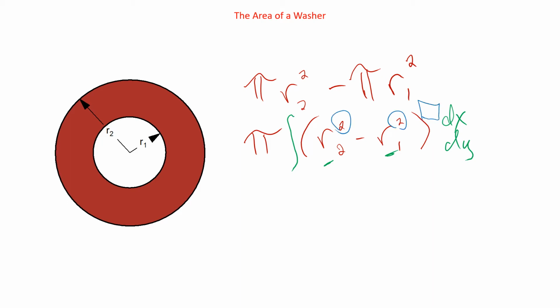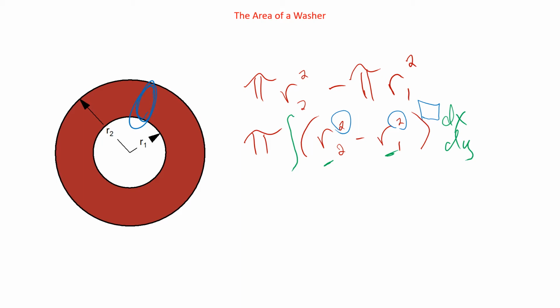It's not out here like it was in section 2, because in section 2 we were just taking this distance and doing something with it. Now we have to take the full area minus the other full area, and that does make a difference.